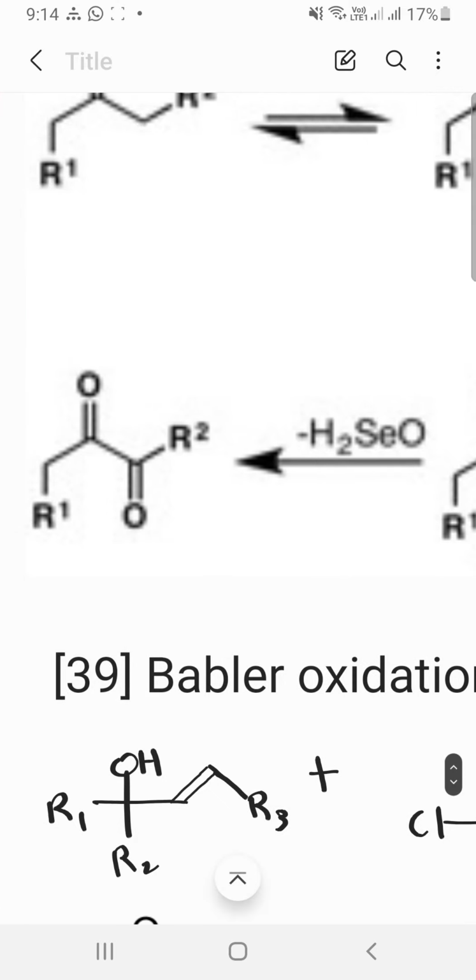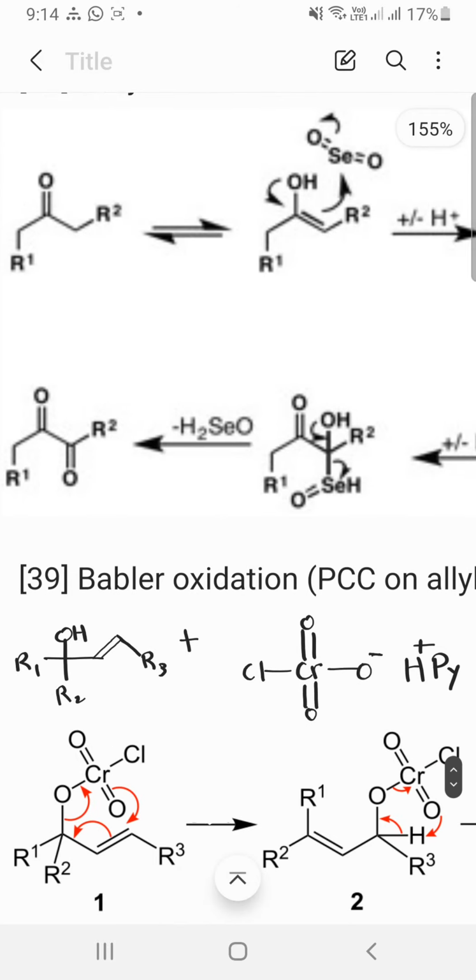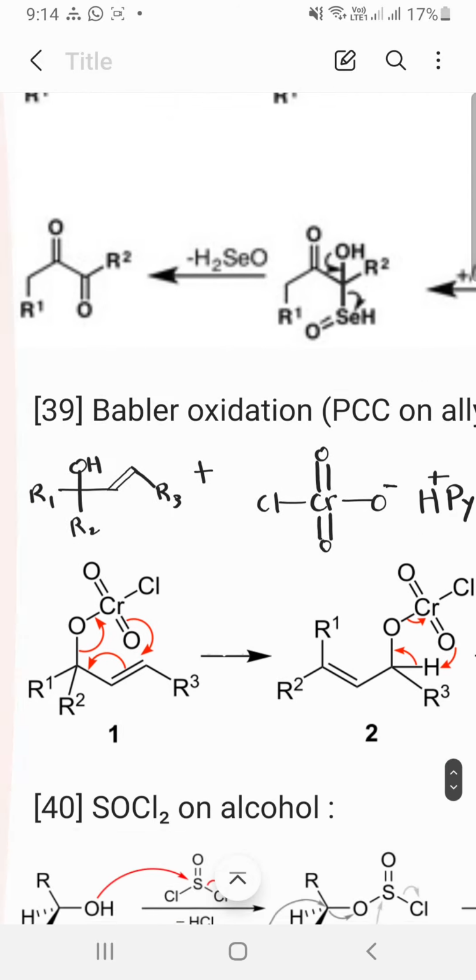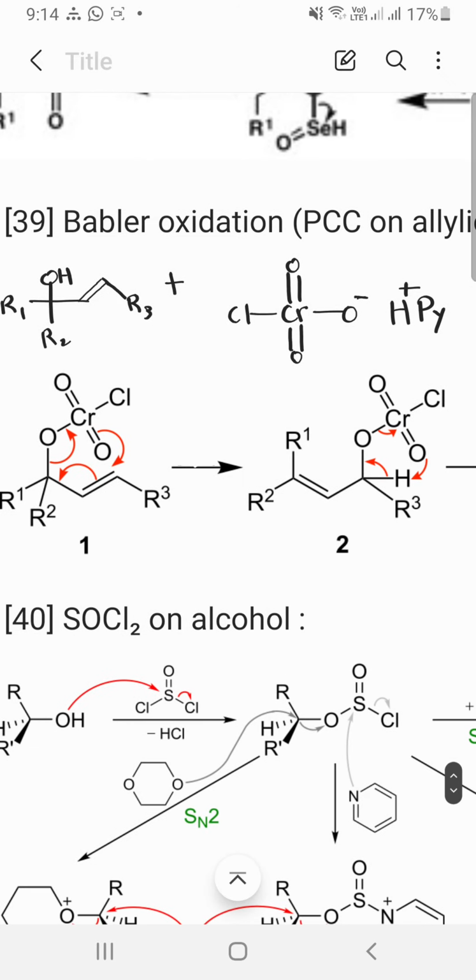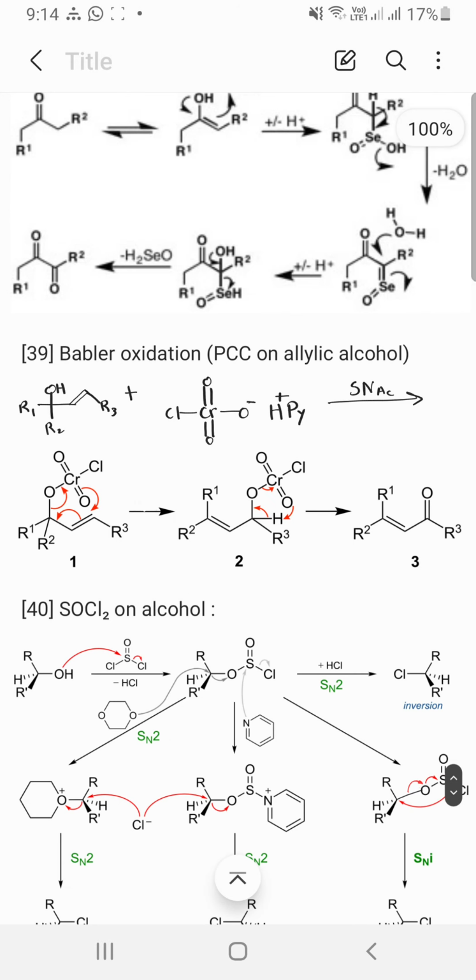Okay, cool. So this is how it happens. Fine. Babler oxidation. Okay, cool. This is an allylic alcohol. Okay, cool.